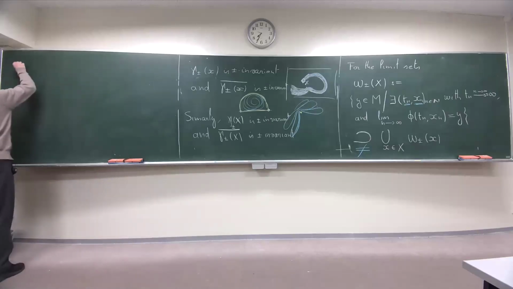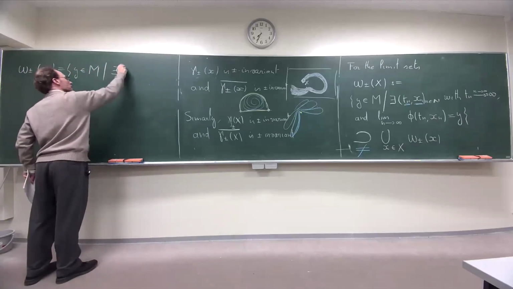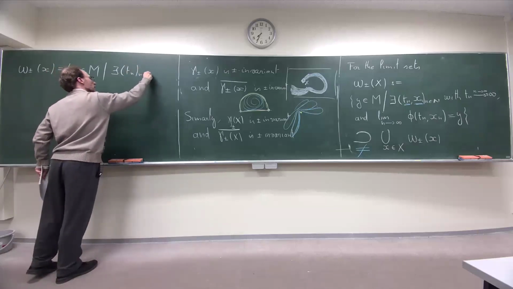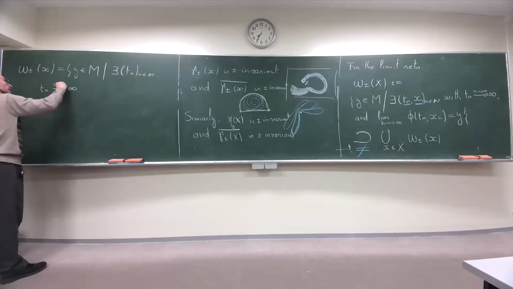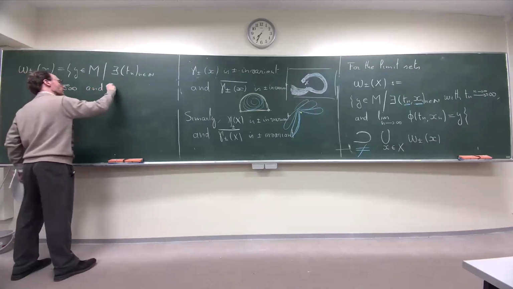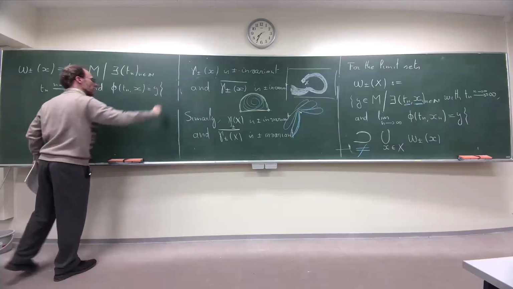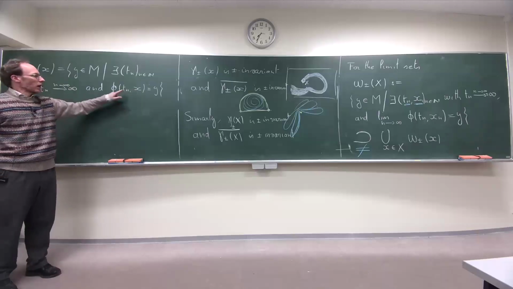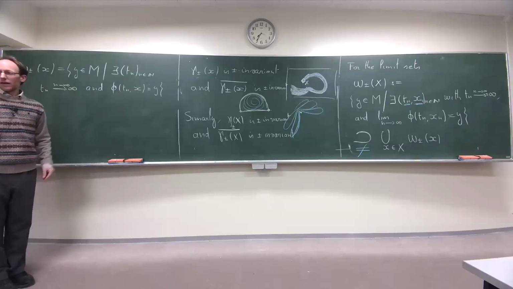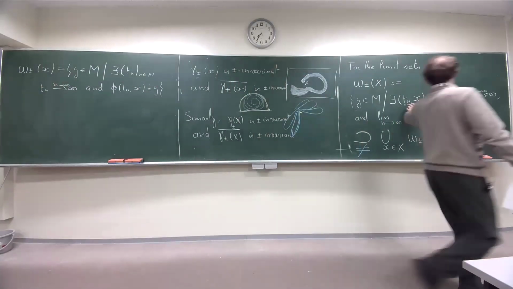I just recall omega plus minus of x is the set of y in M such that there exists a sequence Tn, n in N, with Tn going to infinity when n goes to infinity, and phi of Tn x is y. So you see the difference. Here, for given x, you have this freedom over n to pick some time. Here we have much more freedom. We can change the x.